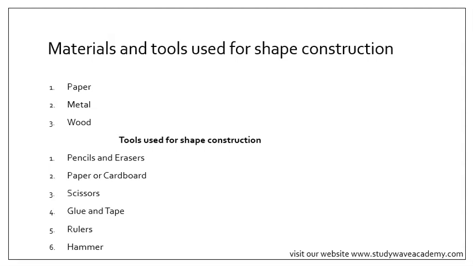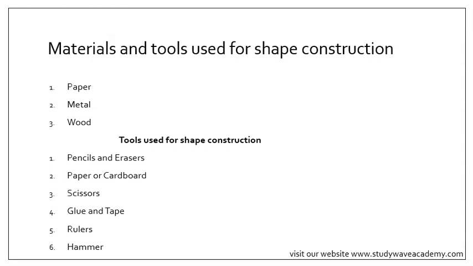What are the tools used for shape construction? The tools used for shape construction depends on the materials you are using. Okay? Whatever material you are using determines the tool you will use. Do you understand? So one of the tools we have for shape construction, pencils and erasers.